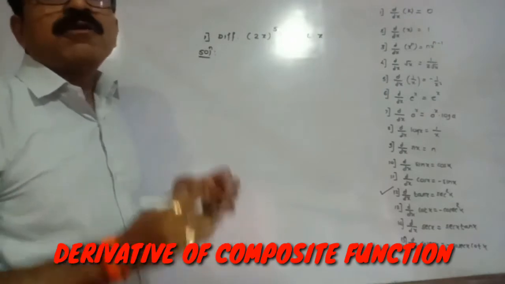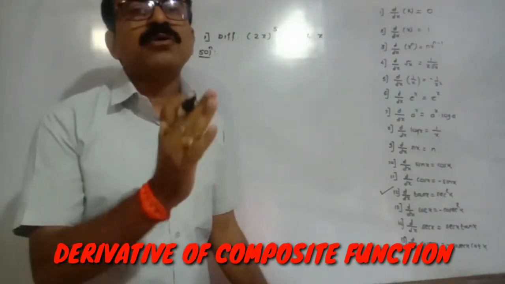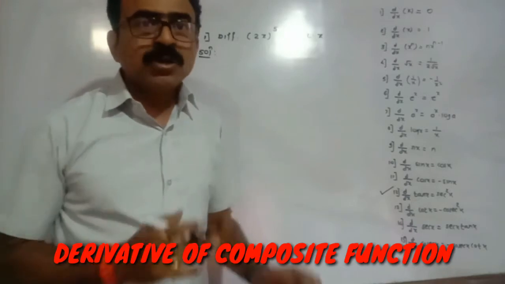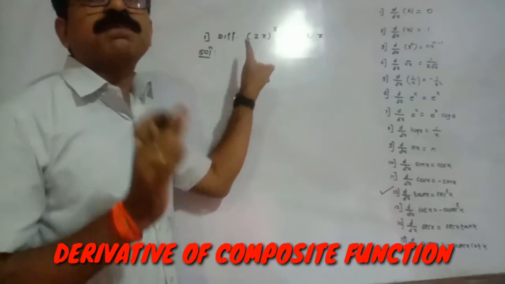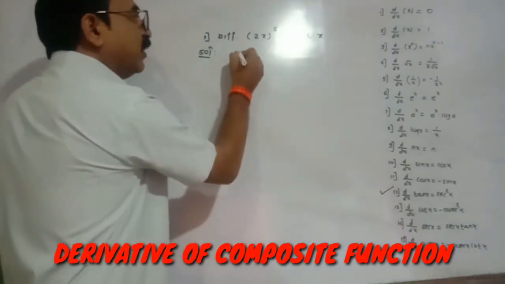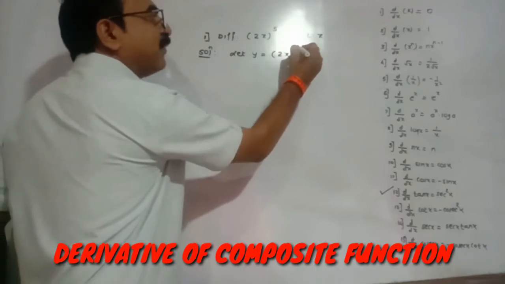So friend, while solving the problem on derivative, you must follow some rules. Okay? So your first rule is represent the given composite function by y. So write down, let y is equal to 2x raised to power 5.